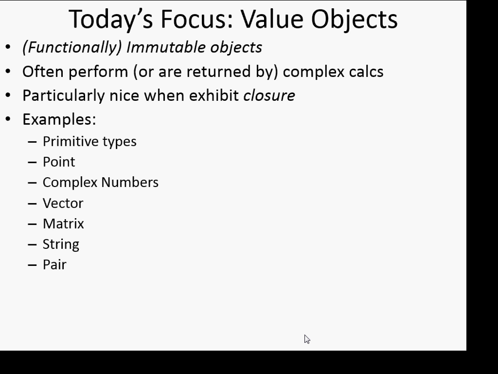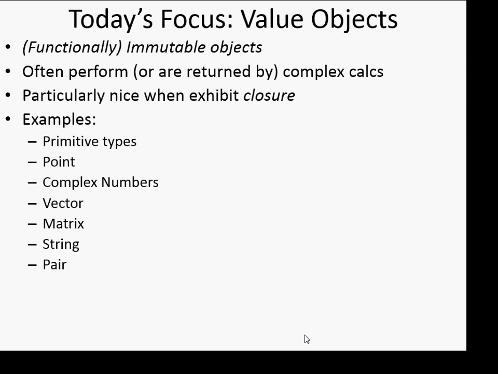You can't change an int. If you have an int, you can add something to it and get back another int, but you can't change the underlying int, or a double, right? And there's a lot of cases where even in libraries of languages that widely support and use side effects, you'll have immutable objects.